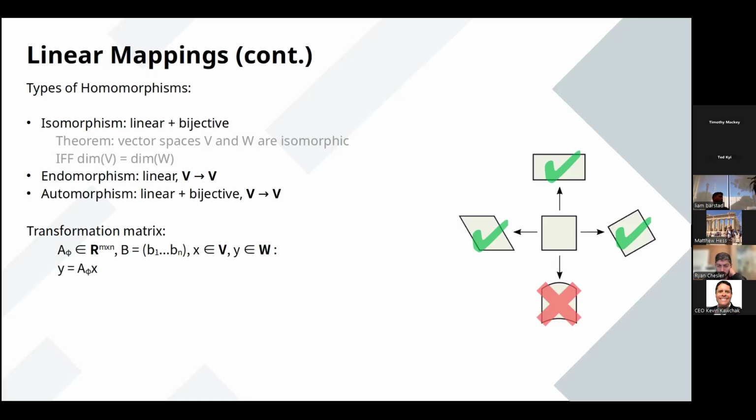If A is a transformation matrix in the space of the real numbers m by n, we have a series of basis vectors B, and then any x or y, where x is in V and y is in W, you essentially multiply this transformation matrix by x to get y.